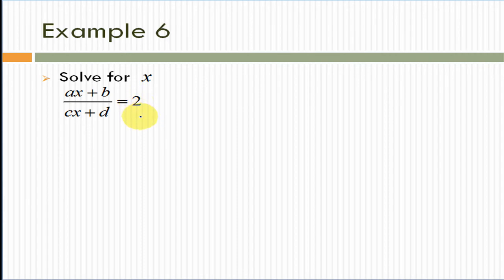We do that so that we can cross multiply. Well, actually you can also cross multiply from this expression right away. So 2 times this is equal to that. By cross multiplying, we have ax plus b is equal to twice of that.